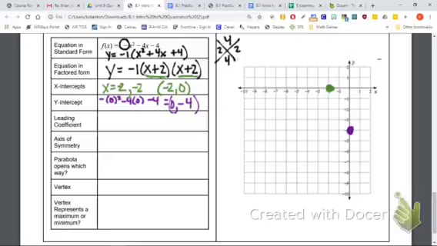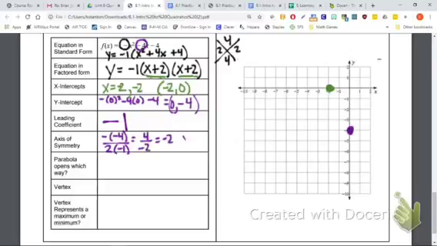Let's go look at that leading coefficient. My leading coefficient is a -1. A is -1. My axis of symmetry, this is going to be -b, so negative of -4. This is using the original equation, guys. -b all over 2 times a, which is negative 1. That gives me a positive 4 over negative 2, which equals negative 2.